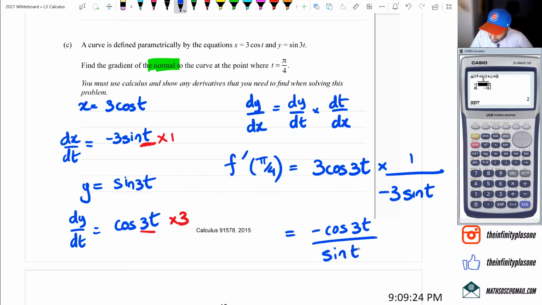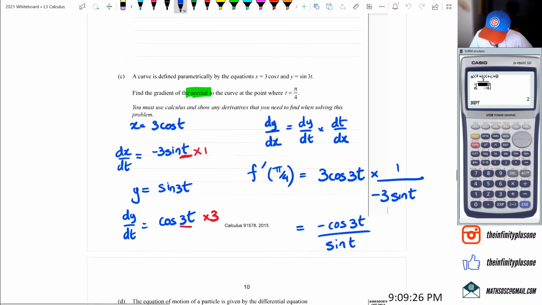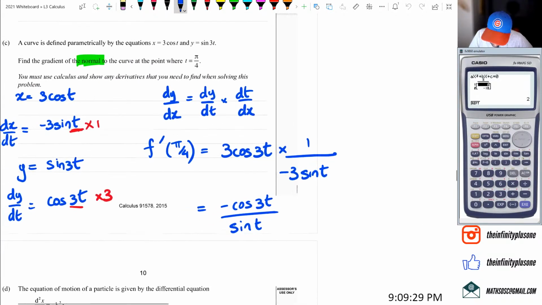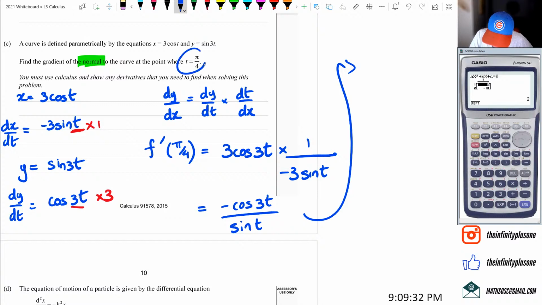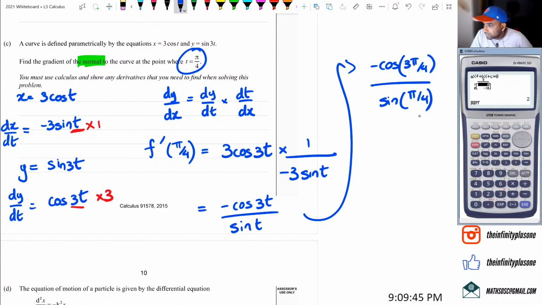At this point, all I'm doing is substituting t is equal to pi over 4. So I've got negative cos 3 pi over 4 divided by sine of pi over 4. Putting this in the calculator, a little bit of tips for you guys. Yep, that's fine, Zubair, you can do it. Joji, I wouldn't need to change the sign of the powers, you just flip it upside down and leave it as it is.